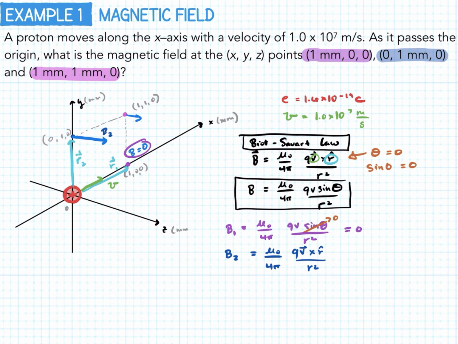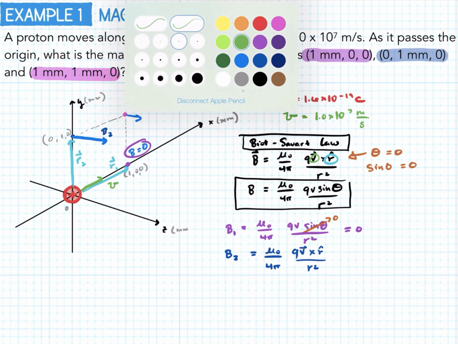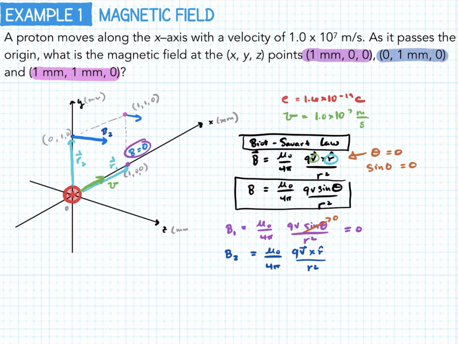And you can see in the case of R2, V is still in this direction, so the angle between these two is going to be a right angle. So this would be sine of 90, which is 1. So we can plug that in. We get mu naught over 4 pi QV sine of 90, which is 1, over R squared.